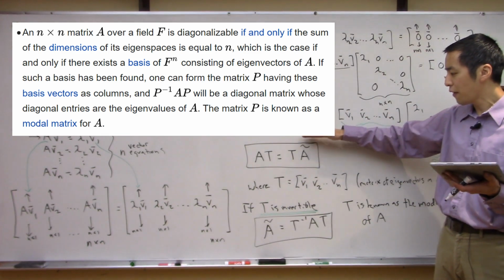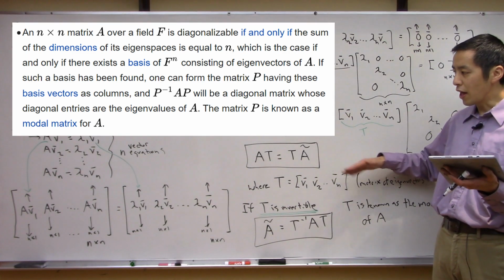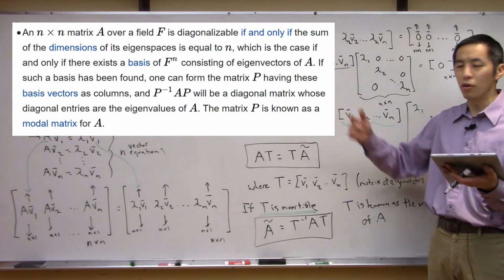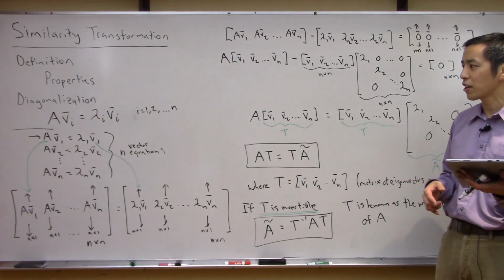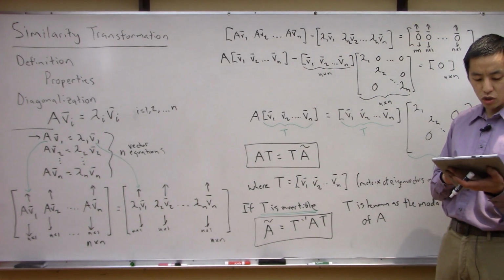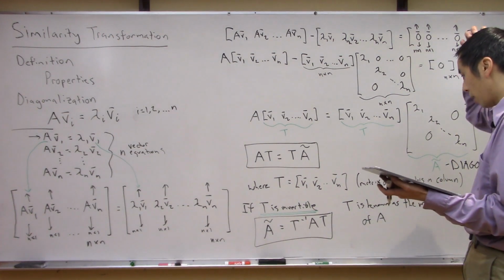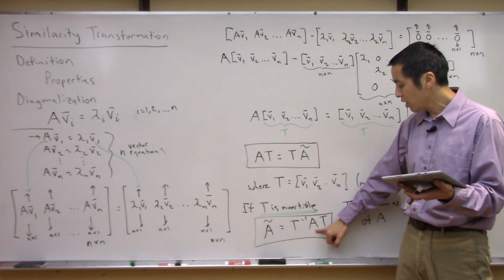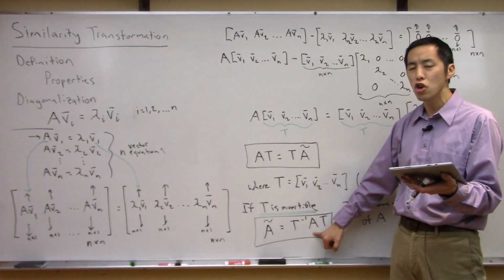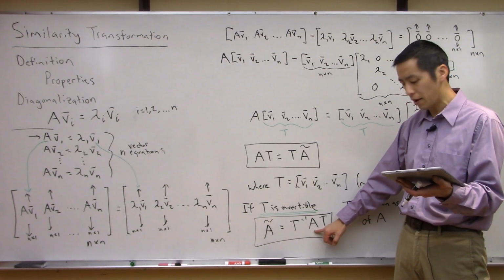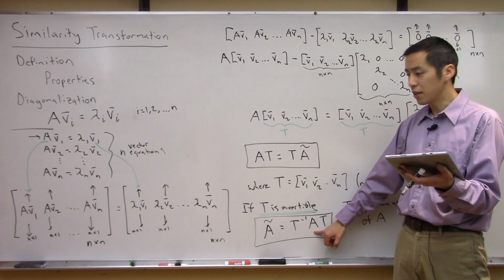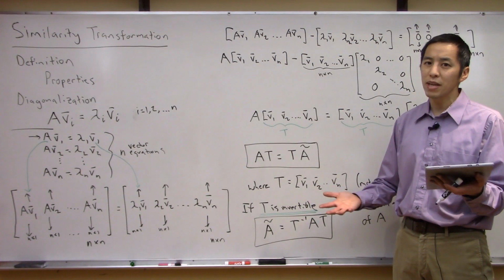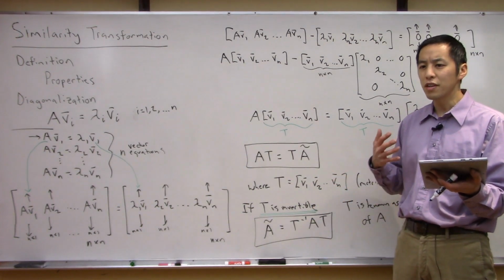If the eigenvectors span the space, then the matrix is diagonalizable. You can perform this diagonalization procedure. In that case, A is sometimes referred to as a non-defective matrix because it can be diagonalized. If it cannot be diagonalized, it's sometimes referred to as a defective matrix.